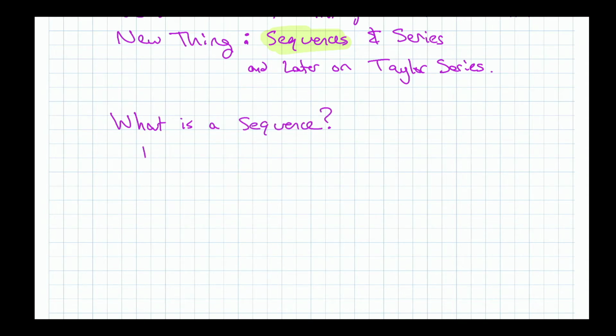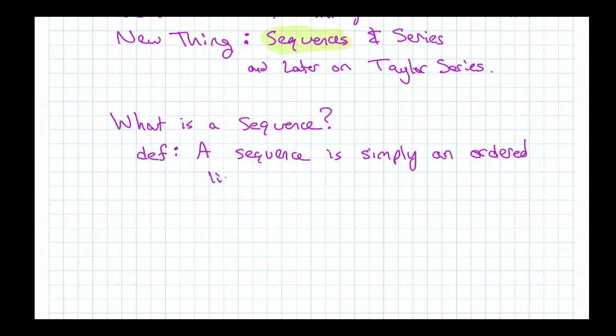Well, it's actually very easy. A sequence is simply an ordered list of numbers. Usually, but not always, it continues on forever.